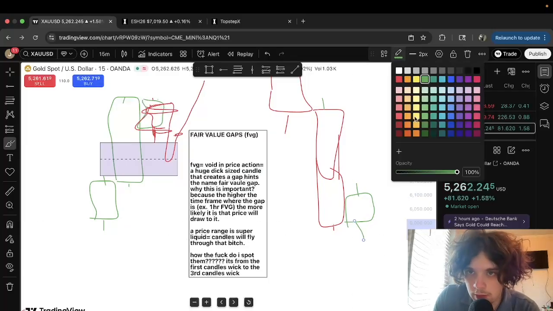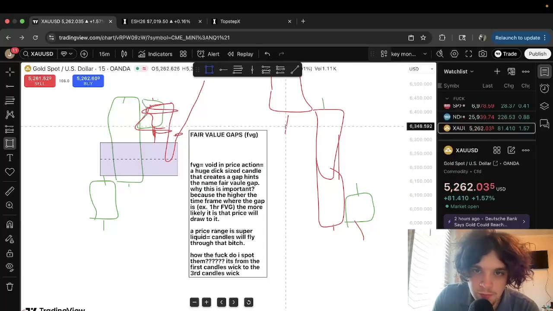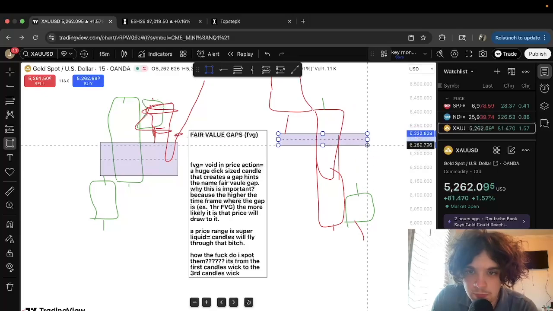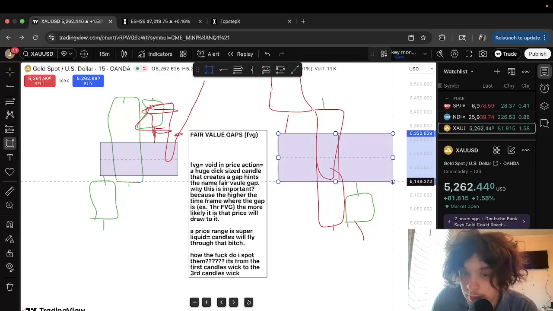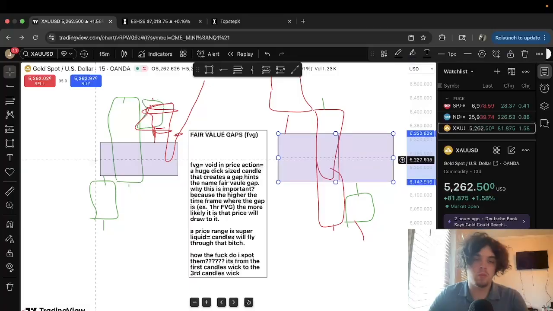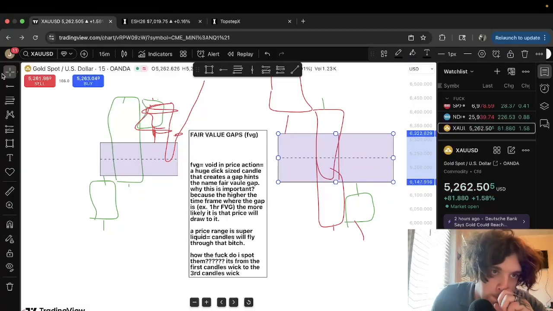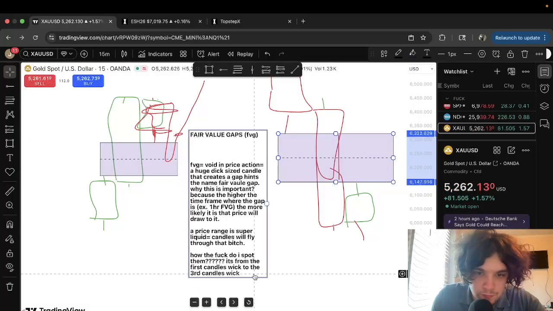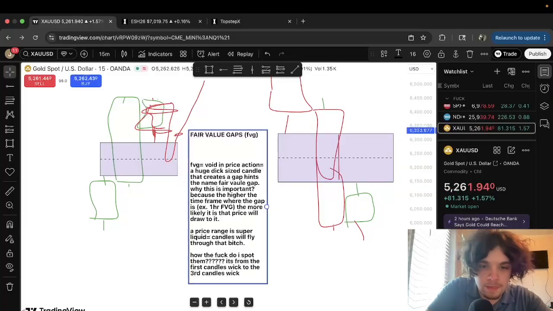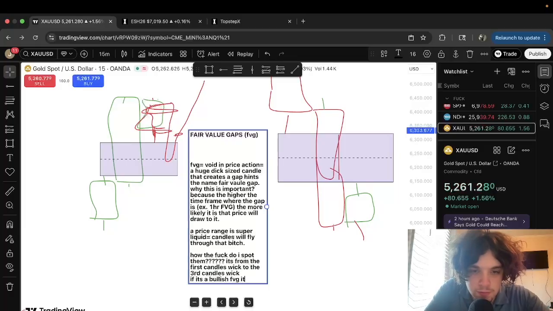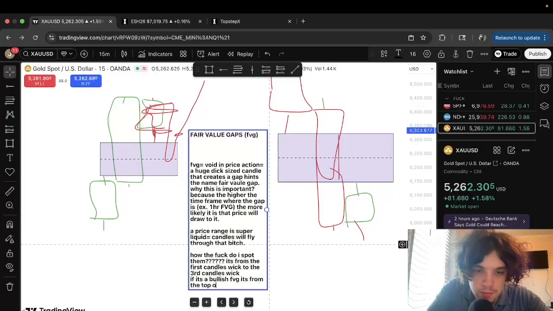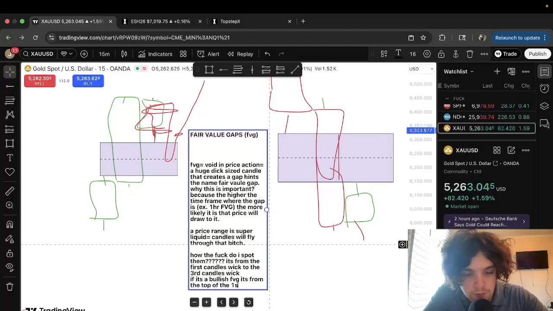So the same thing here. You would find it from the top wick, so the first wick, right? If it's a bullish fair value gap, it's from the top of the first wick.